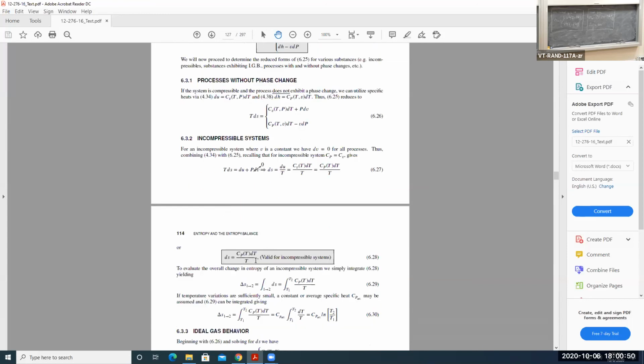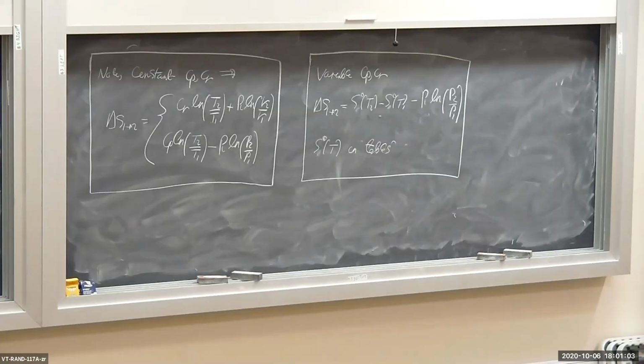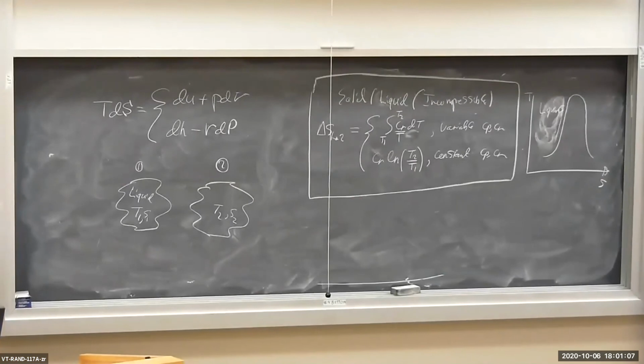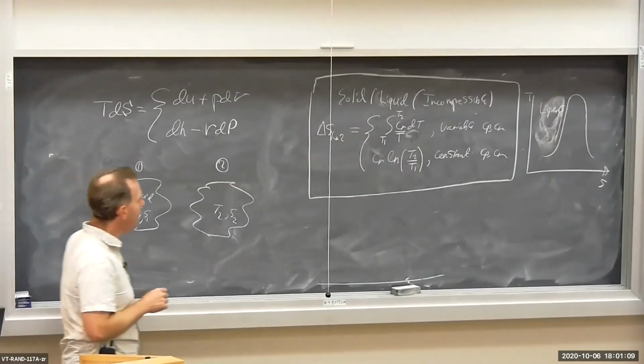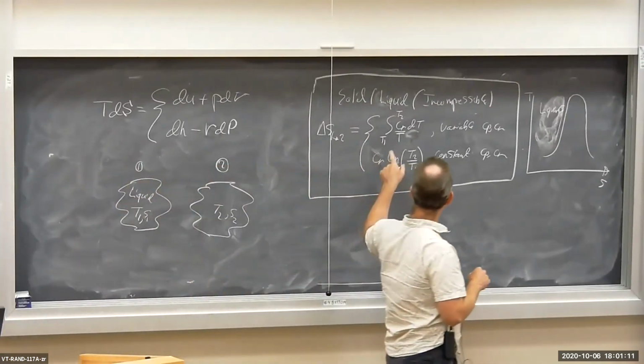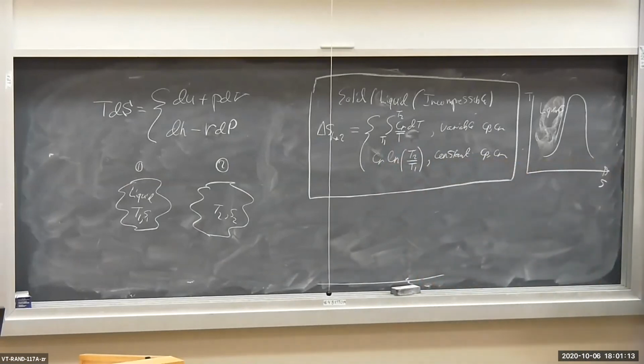So here's our ds is equal to Cp dT over T. A little clarification here. I wrote Cp here, but on the board, I wrote Cv instead of Cp.